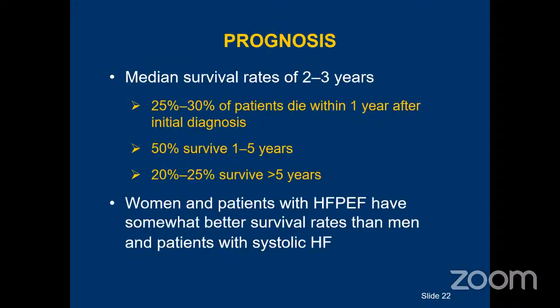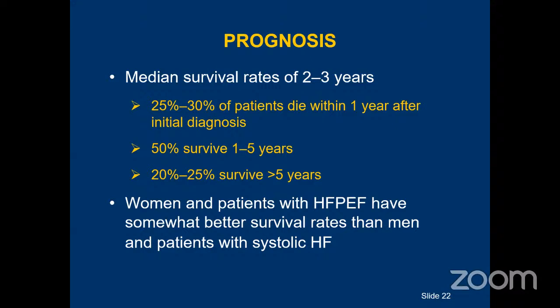Coming to the prognosis. Median survival rates are 2 to 3 years, which is really unfortunate. 25 to 30% of patients die within 1 year after initial diagnosis. 50% of patients survive up to 1 to 5 years, and then 20 to 25% survive for more than 5 years.